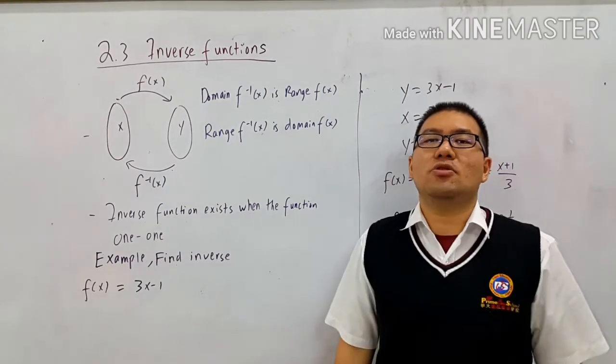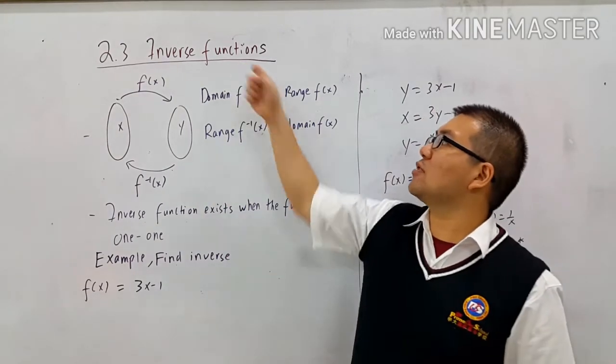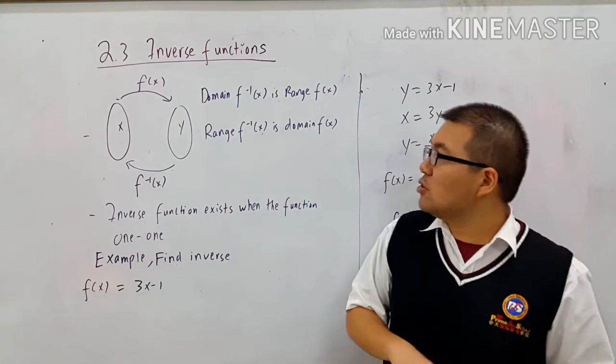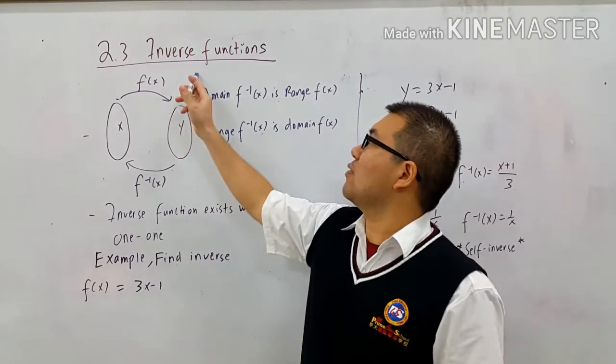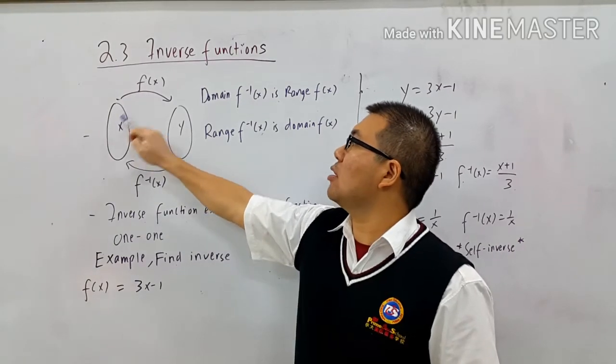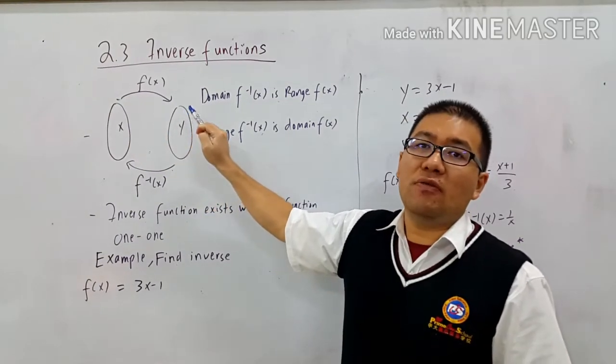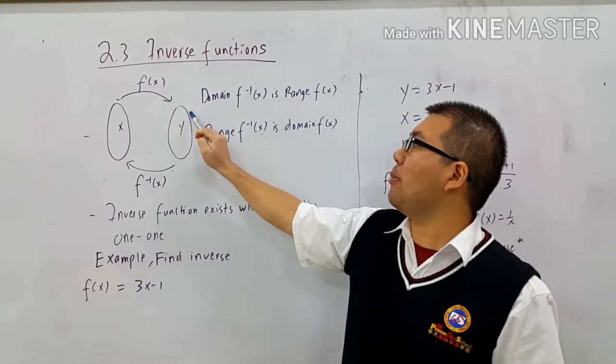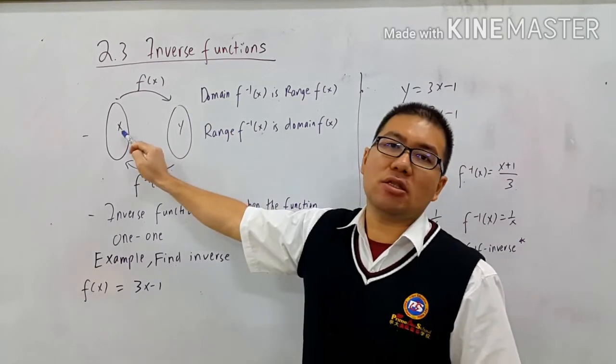Okay, good morning class. Today we are going to study about inverse function. First, we will take a look at what is an inverse function. Okay, we understand that a function maps x into y. So an inverse function does the reverse, it maps y into x.